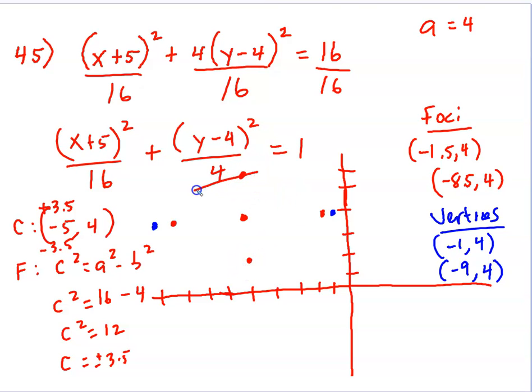And then those 4 points on the outside are going to be connected. And that is your rough sketch of this particular ellipse and all the information that we were asked to come up with. Okay, make sure I got it all. So we found the center, the foci, the vertices, and we sketched the graph.